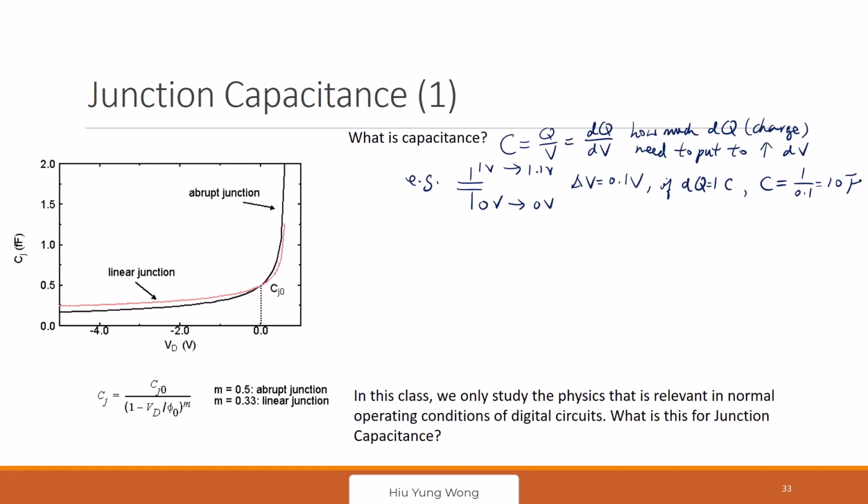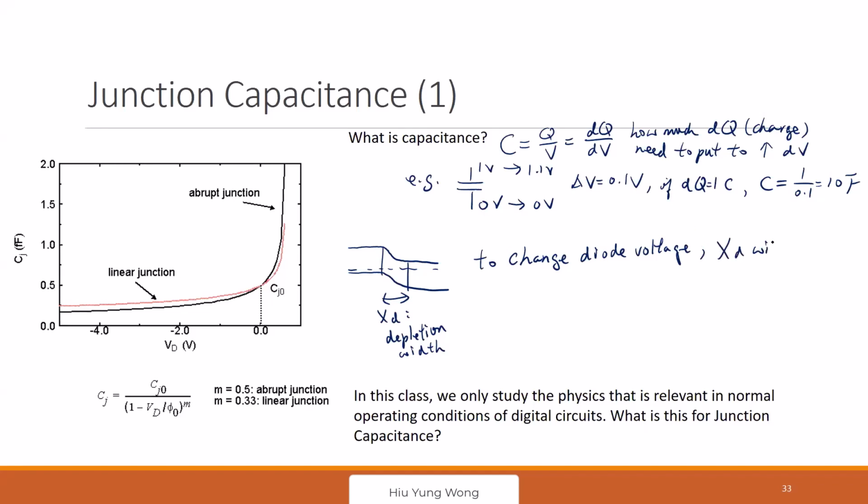Then why is there a capacitance for the diode? Remember that we have a depletion width. To change the diode voltage, we already know that when you change diode voltage, X_D will change, correct?